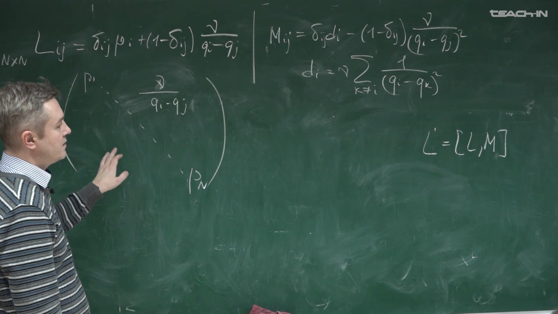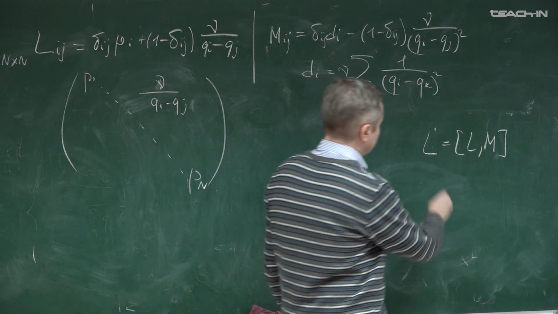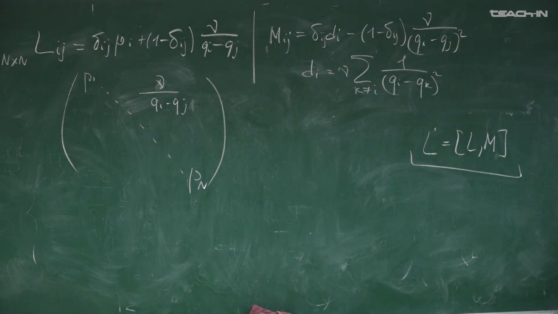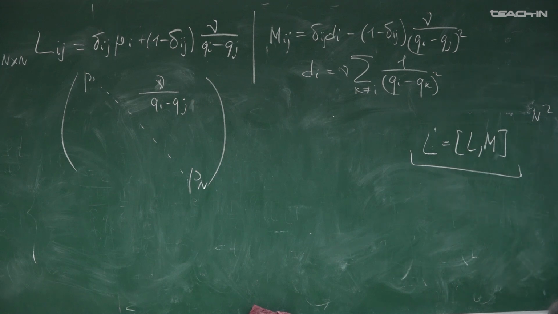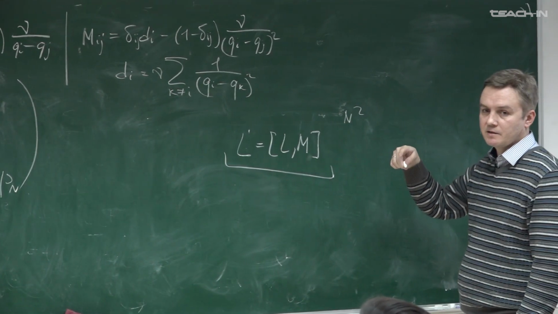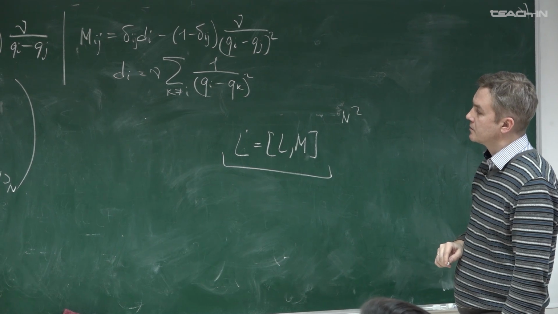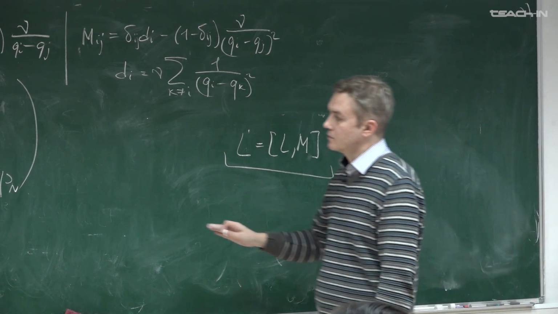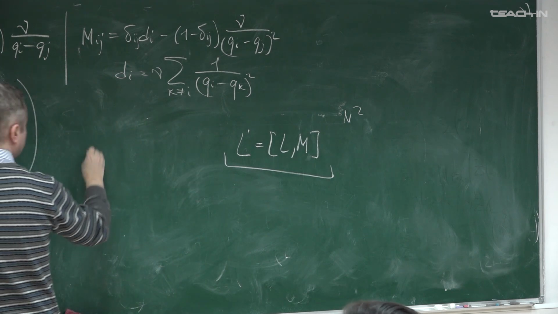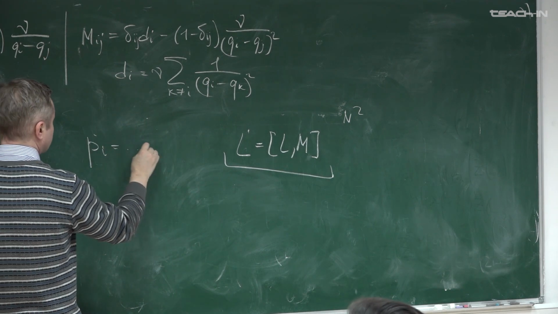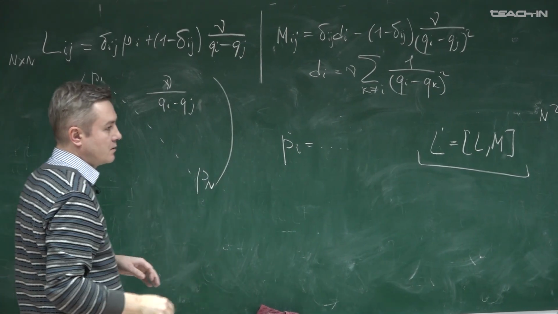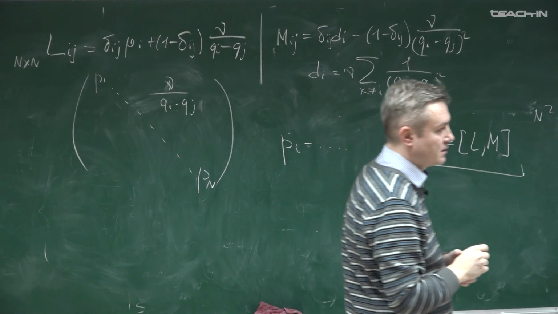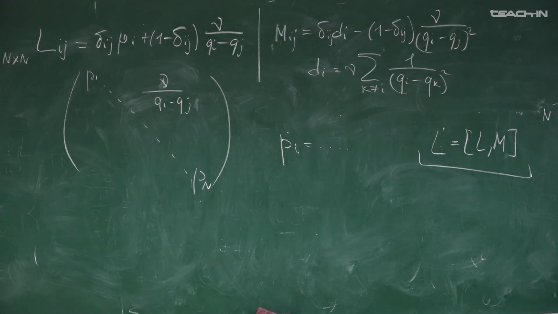So you may verify that the Lax equation generates equations of motion. In fact, we have here n squared scalar equations, because the matrix is n by n. And what happens is that for the diagonal elements, you will have exactly equations of motion. And off-diagonal elements for this equation will turn into some identity, which is always true.